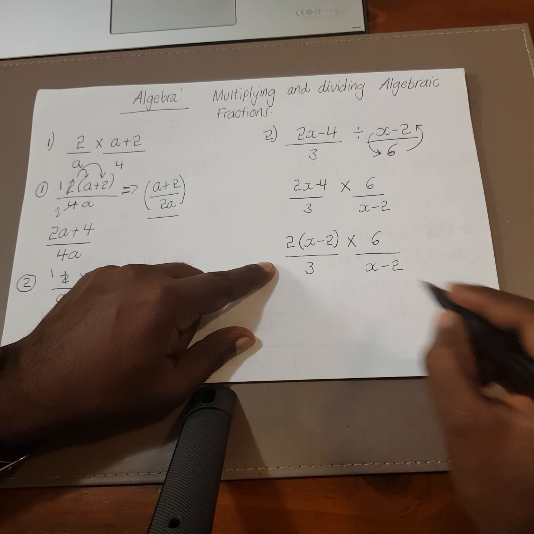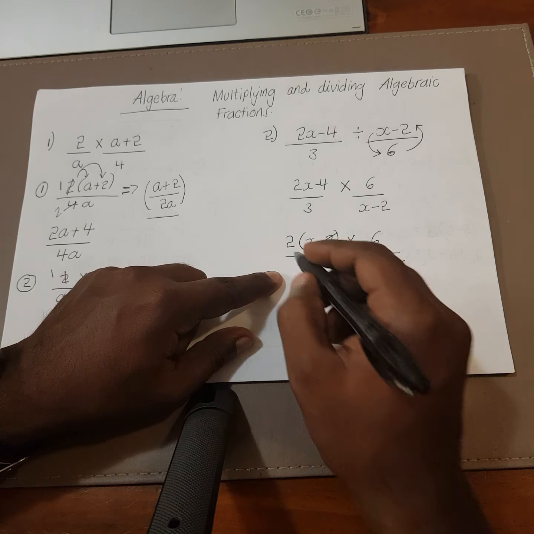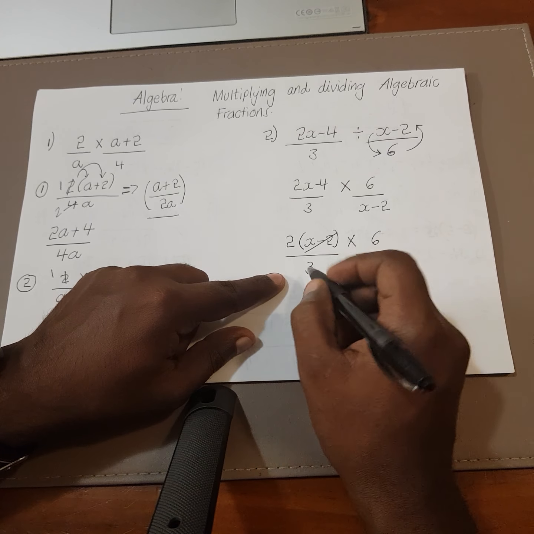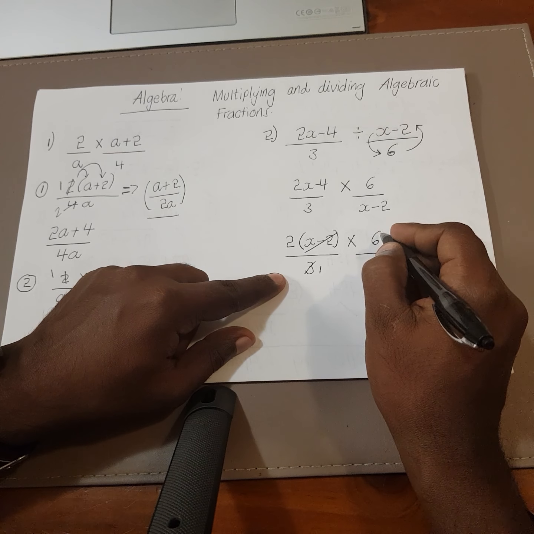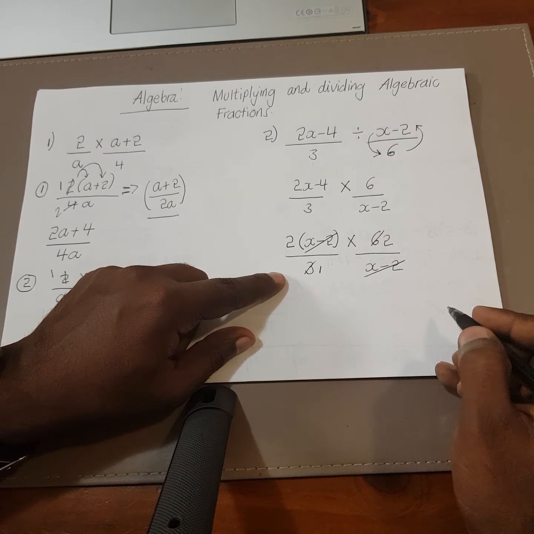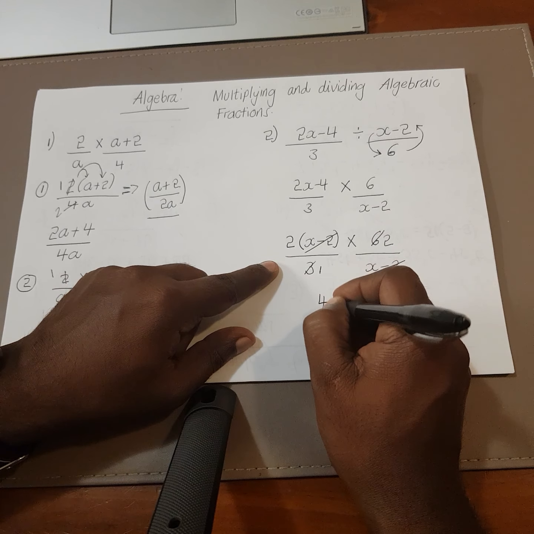Now you'll notice that that's the same and that's the same, so that cancels out. You can simplify 6 and 3. 3 divided by 3 is 1, and 6 divided by 3 is 2. What we end up remaining, we got 2 times 2, which is 4.